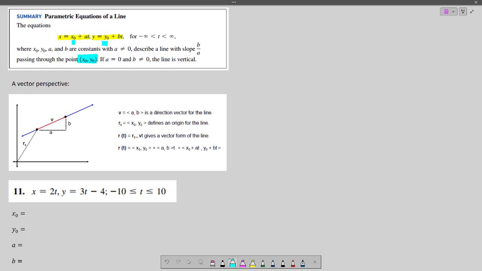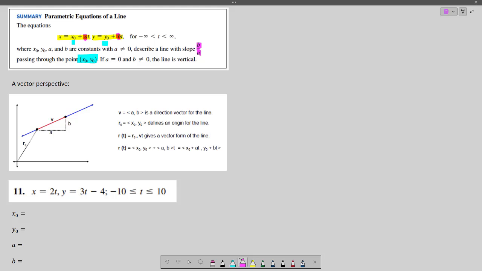And then notice that the slope is going to be b divided by a. It is the slope, if you will, of this one divided by the slope, if you will, of that one. If you think about the coefficient of the independent variable representing slope, like y equals mx plus b, whatever's in front of the independent variable is slope.